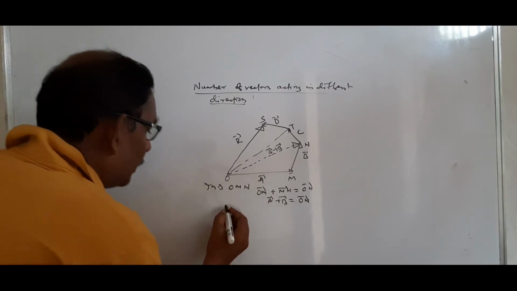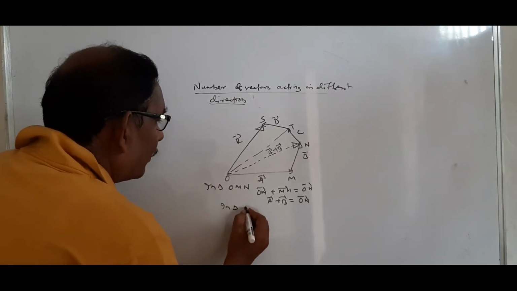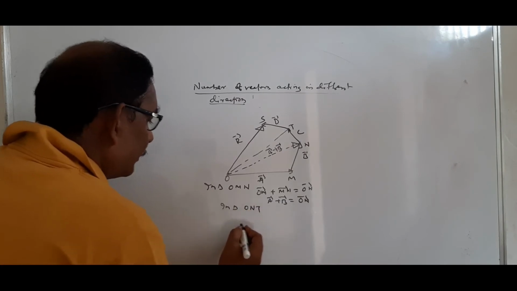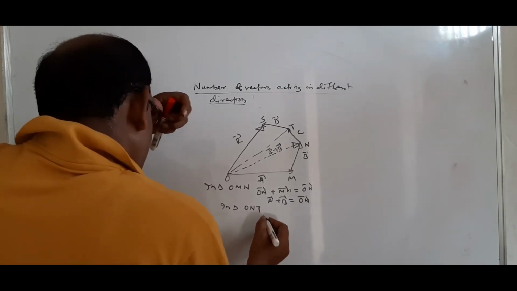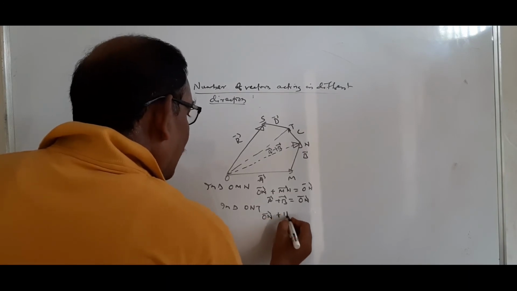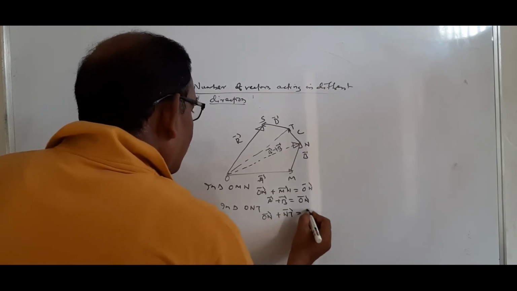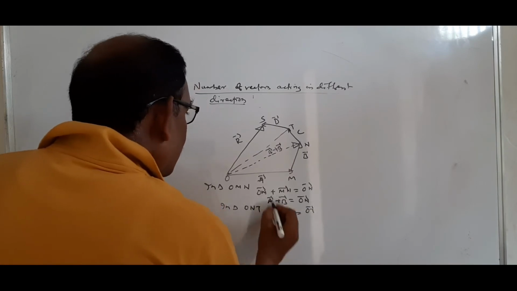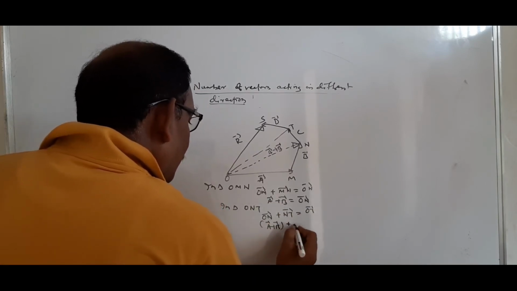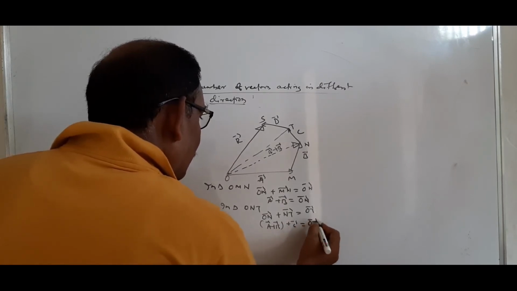Similarly, in triangle ONT, it is your OM plus NT is equal to OT. So A plus B plus C, it is OT.